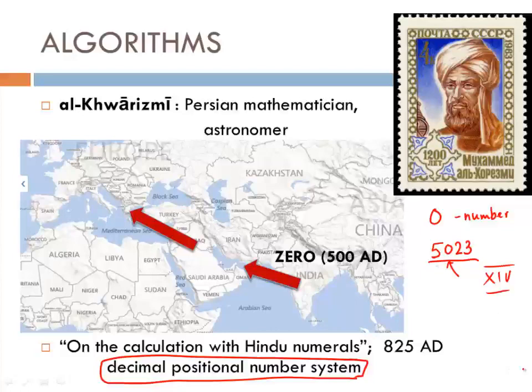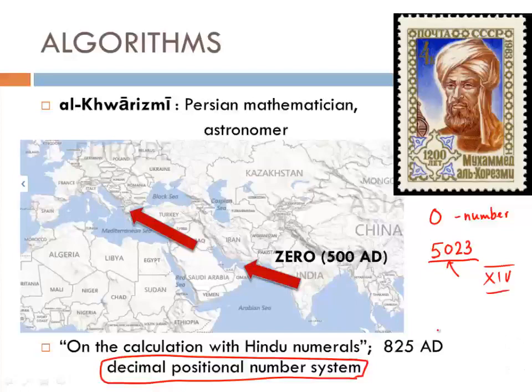But of course, if we have the decimal positional number system, we can add, and these were in fact the first algorithms ever discovered. And what happened was that this zero and the numbering system traveled to Iraq, in Baghdad, where Al-Khwarizmi, a Persian mathematician and astronomer, became very interested in this.